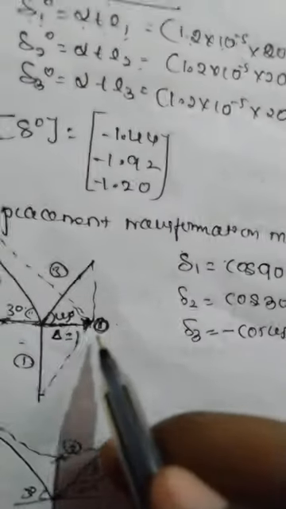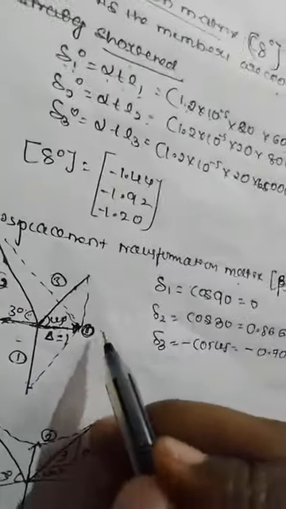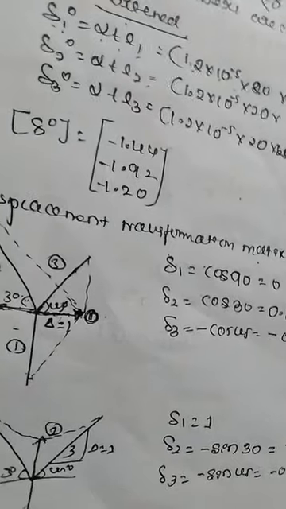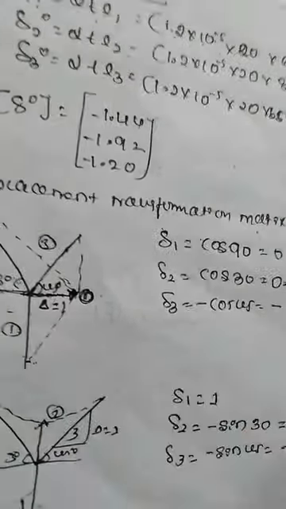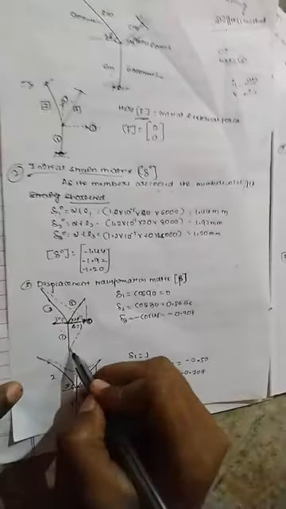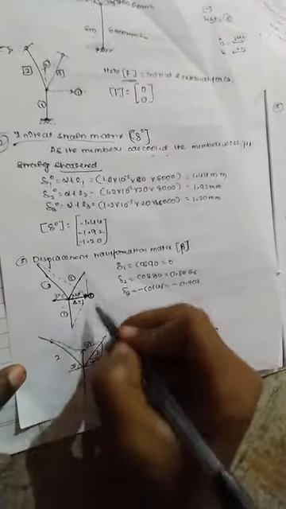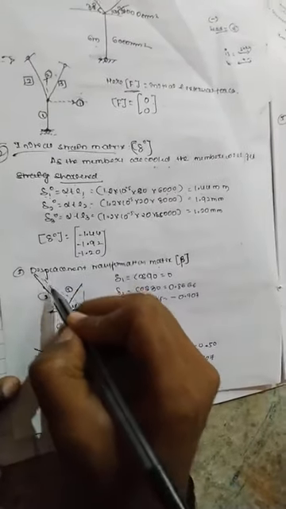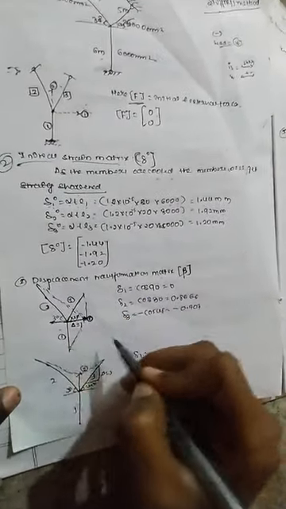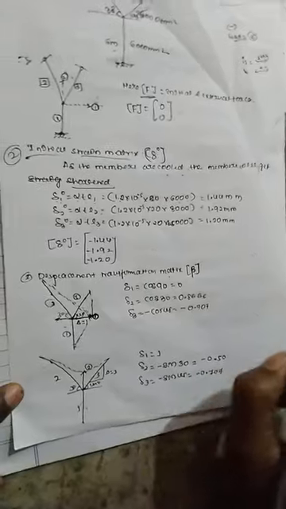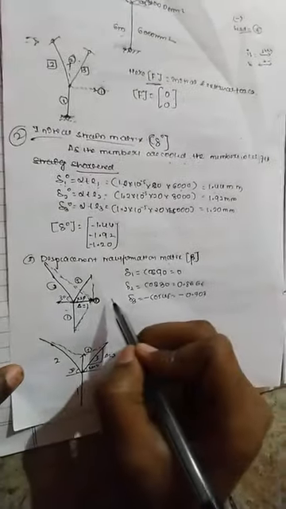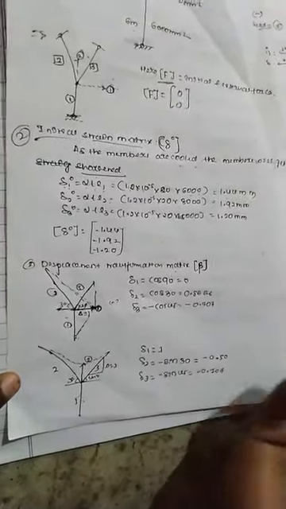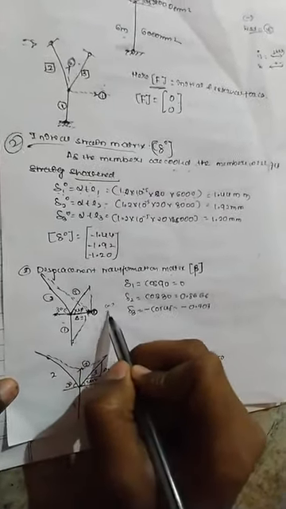Because of the pulling of this member, there is a deformation of the other members. So because of this member we have deformation like this. Whenever there is a deformation in the direction of the applied member, we consider it as negative. In the opposite direction of the member, we consider it as positive.